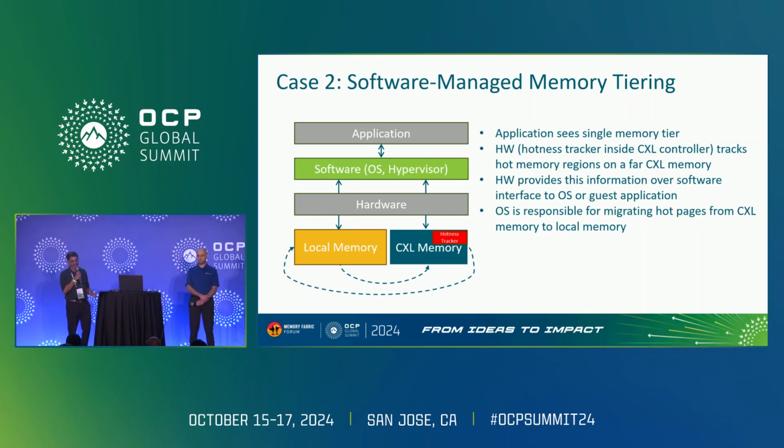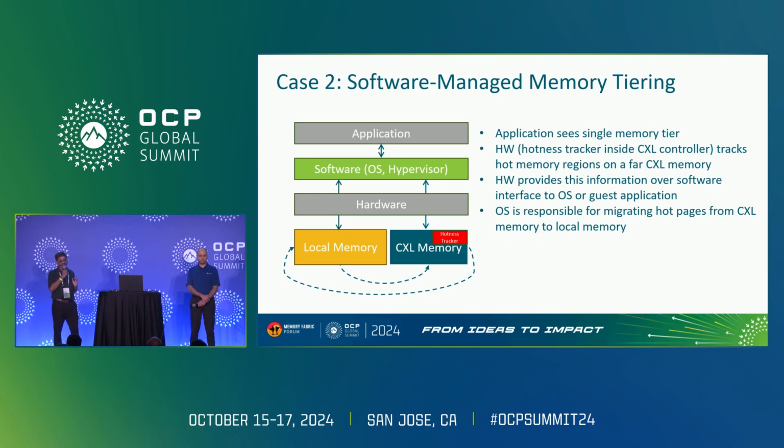The second method is software managed memory tiering. In software managed memory tiering, the application only sees a single memory tier. And it is done under the hood by the software, for example, the OS or hypervisor in this case, right? So what is happening is that in the CXL memory controller, there will be a unit called a hotness tracker. It is continuously monitoring the traffic and identifying pages that are hot.